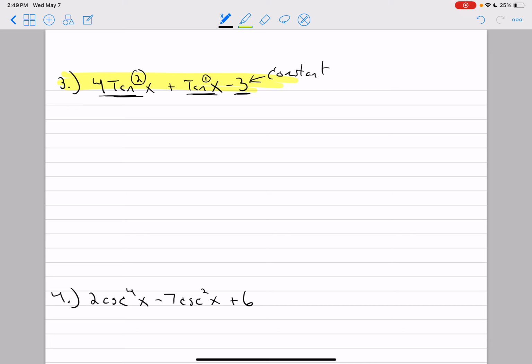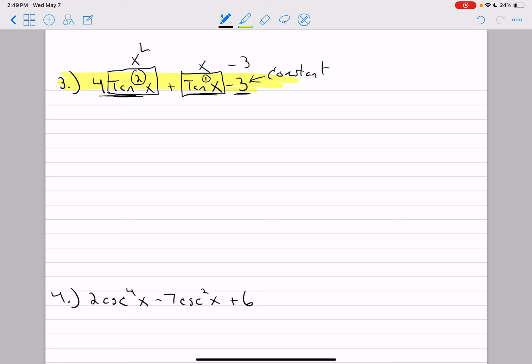All right, let's use the area model. So let's go ahead and set this up. We're going to call this whole thing x squared. We'll consider this x. We're just taking the tangent out of it.